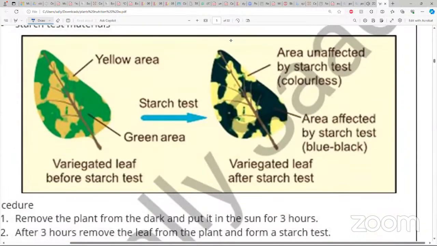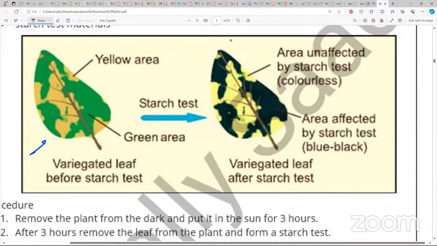Here, this is a variegated leaf. This one, it's inverted like that. Parts of the leaf have chlorophyll, parts of the leaf don't have chlorophyll. So here we will make the starch test directly instead of putting the board or the paper on the leaf. Then I will keep it in the sun for a particular time. Then I come to see the test. If I have a plant which has this type of variegated leaves, then I will do the test directly.